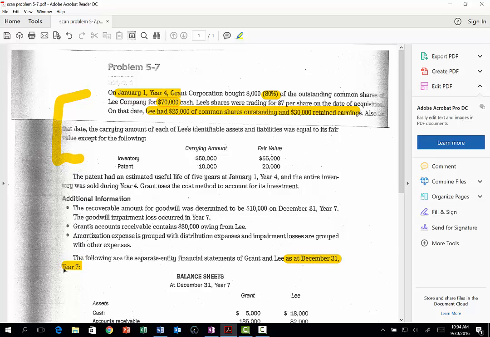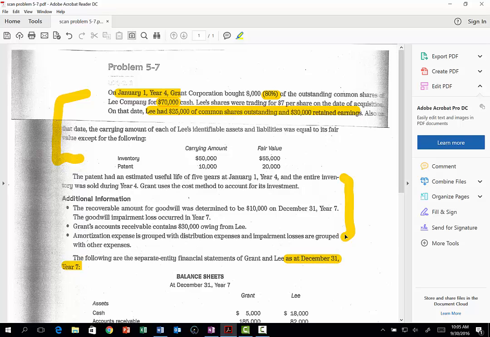So we've got an acquisition date of January 1st, year 4, a consolidation date of December 31st, year 7. So what that means is we have year 4, 5, and 6 as intervening years, okay, or prior years. So we always want to be cognizant of that. So this information then here gives us the intervening and the consolidation year information.